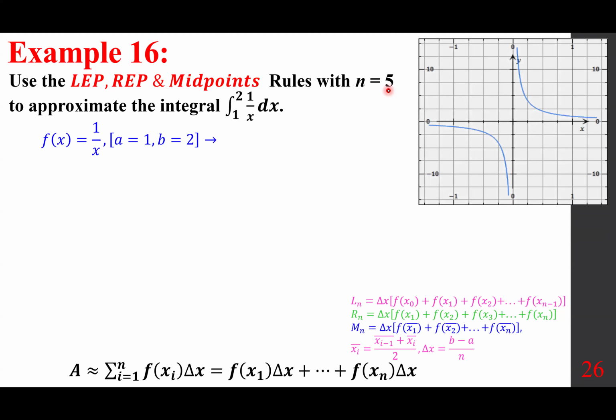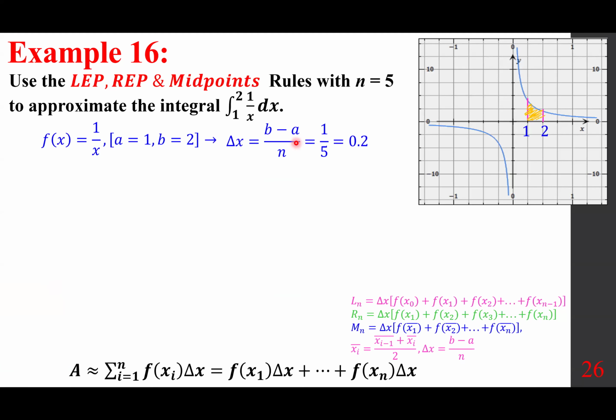So let's graph this function. You remember y equals 1 over x, and we want to go from 1 to 2, and we are going to cut this into 5 equal subintervals. And we want this area. We're going to find this area by an approximation of 5 rectangles.